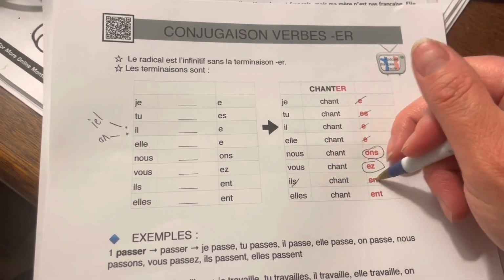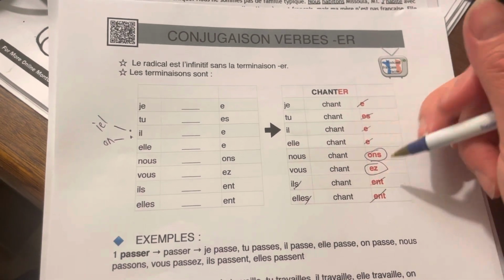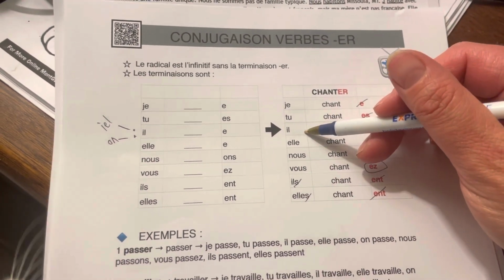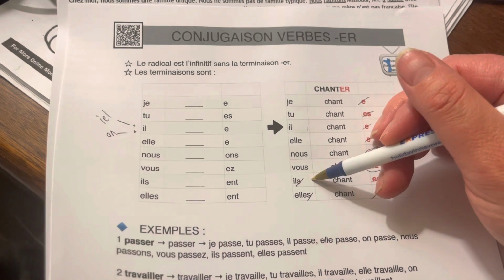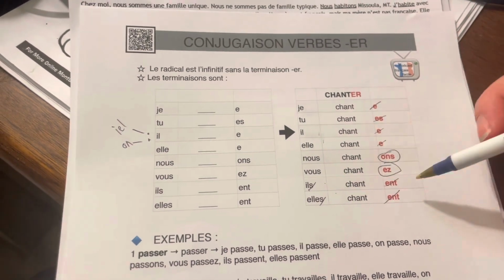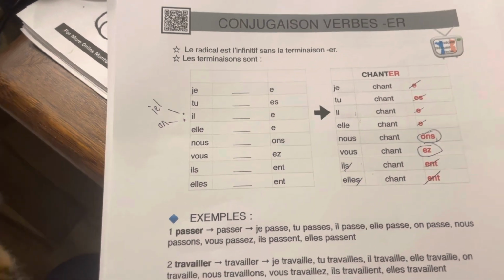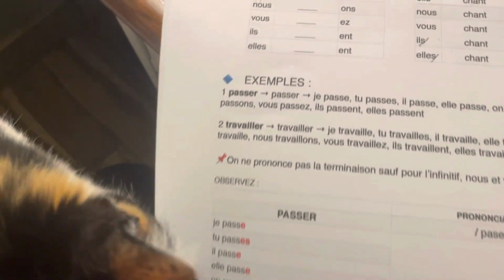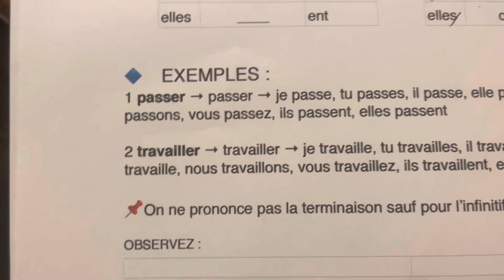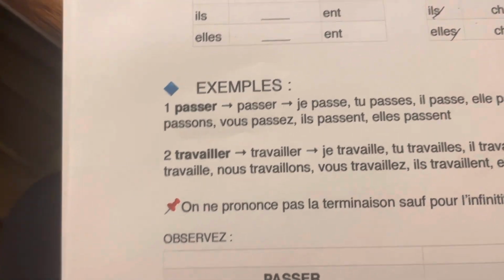Il chante sounds the same as ils chantent, elle chante as elles chantent. So these are the only endings that you are going to add there. All right, so the examples here, you can see passer, to pass by.